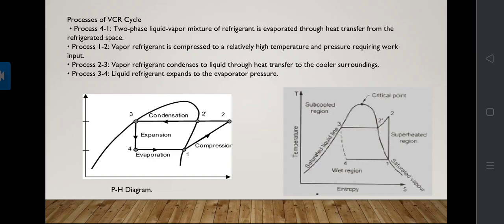In the pH diagram we can see again 1 to 2, where there is a compressor. In the pH diagram this is shown here: 2 to 3 there is condensation, 3 to 4 is expansion, and 4 to 1 is again evaporation.